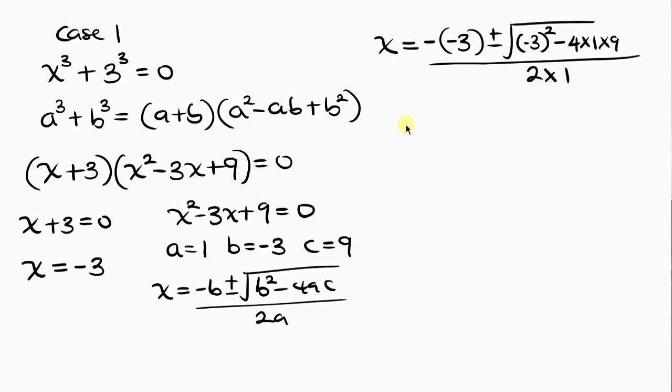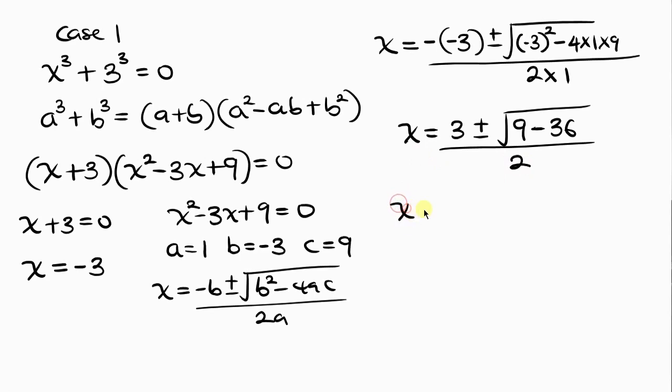So this becomes x equal to, now negative times negative is positive, so this is going to give us 3 plus or minus the square root of, now negative 3 squared is 9 minus 4 times 1 times 9, that's 36, all over 2 times 1 is 2.